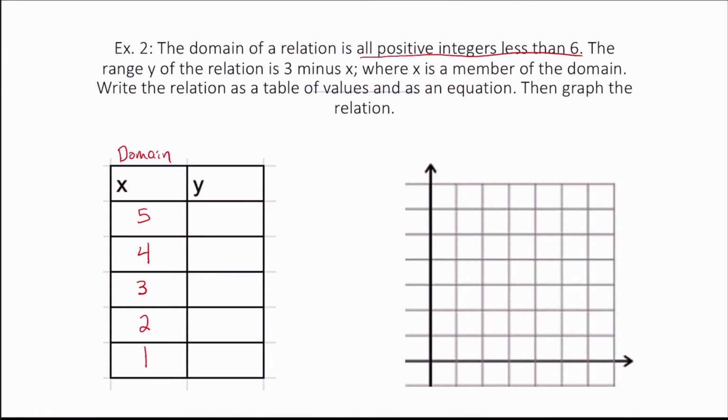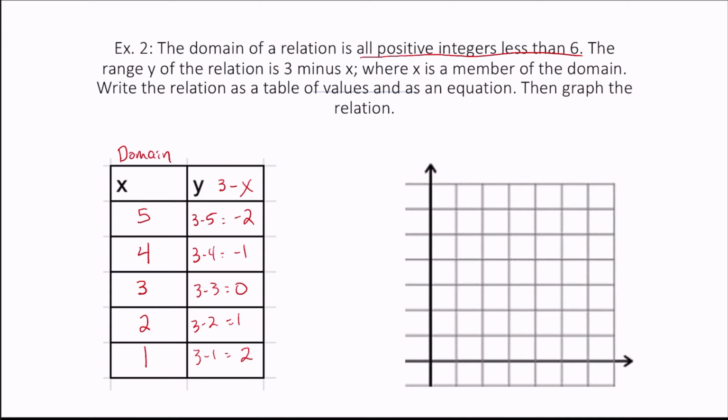The range y is 3 minus x. And so 3 minus 5 is going to be -2, and 3 minus 4 is going to be -1, and 3 minus 3 is 0, and 3 minus 2 is 1, and 3 minus 1 is 2.